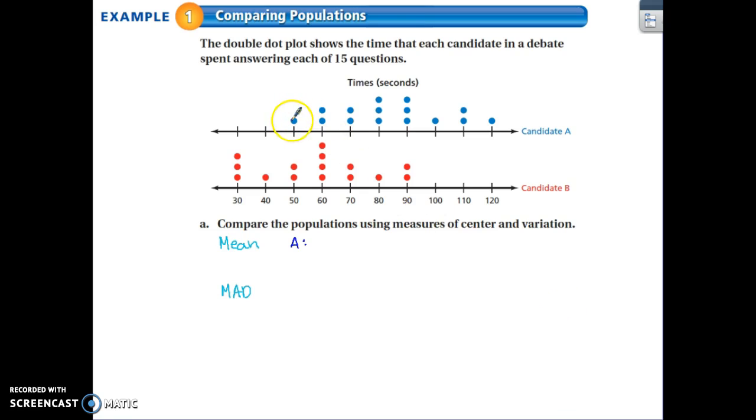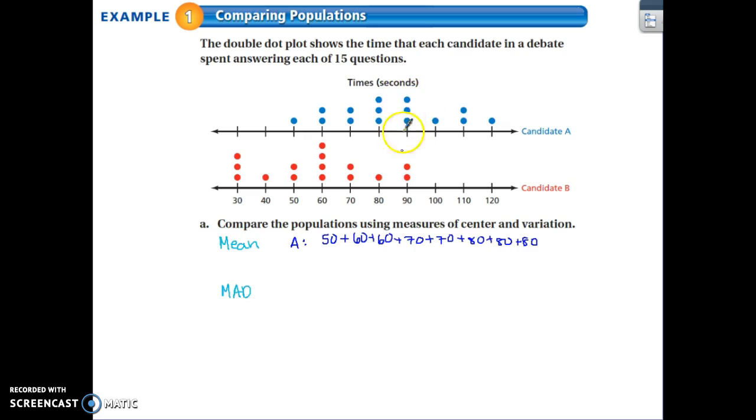For example, this first dot was a 50-second response, so I start with 50. After that, I have two dots that are 60 seconds, so I add 60, and I add 60 again. I have three more dots at 80, so I add 80 three times.